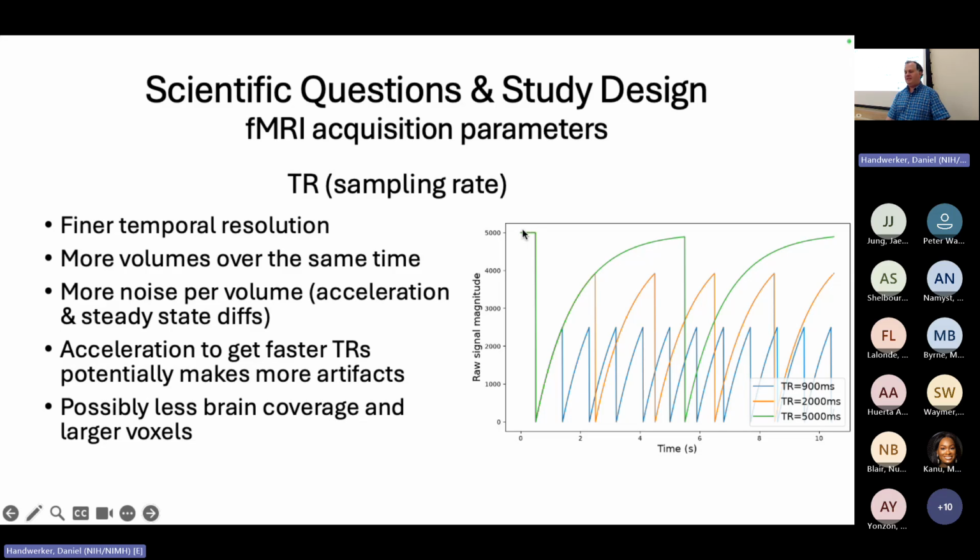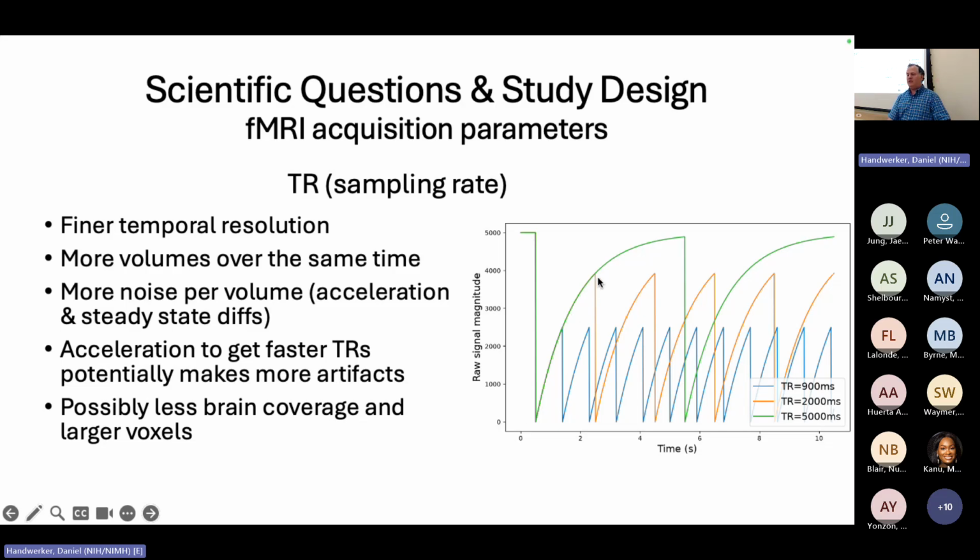So in this case, I think I have 900 milliseconds, 2000 milliseconds and a 5 second TR. The green one is the 5 second TR, and you can see that it almost returns to baseline. So our signal change is almost the same as if we were collecting each volume independently.